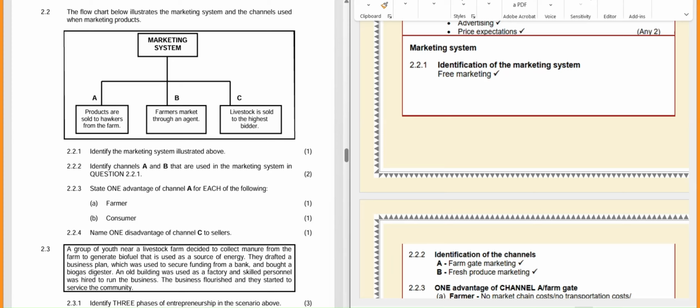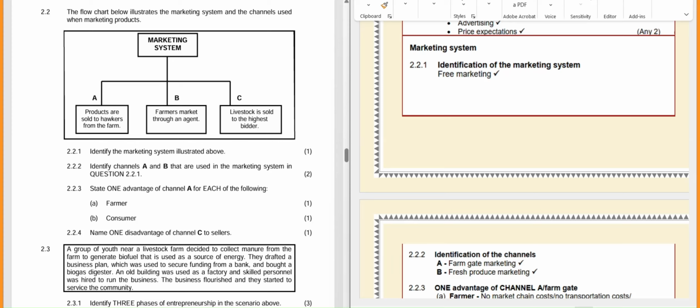Because the stock sales, that's the free marketing channel for the sale of livestock by auction in local venue with larger customers, where the livestock is sold to the highest bidder. So the customers make bidding offers.